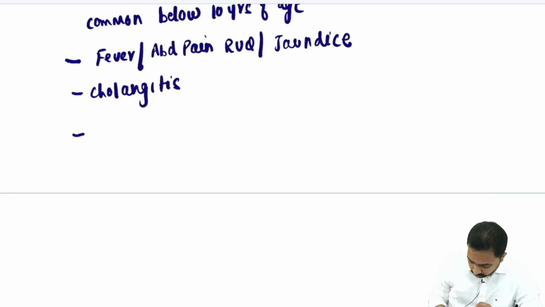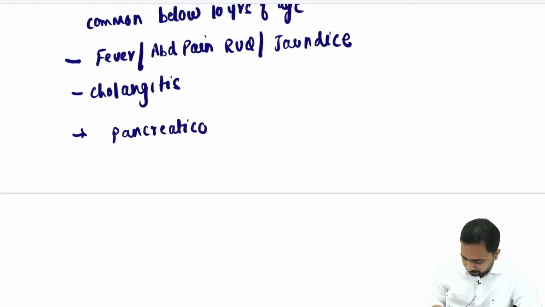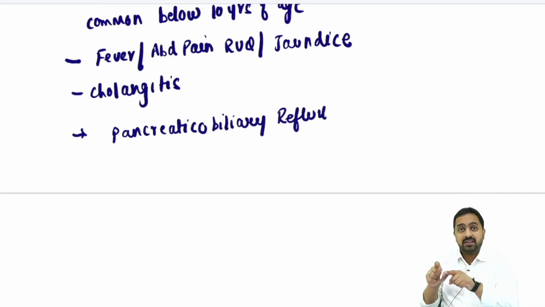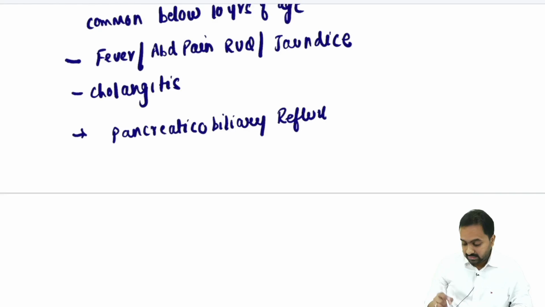Now why does this choledochal cyst occur? One of the most important theories given is that there is pancreaticobiliary reflux. As we all know, in the second part of the duodenum, there is the opening of the bile duct and the pancreatic duct.